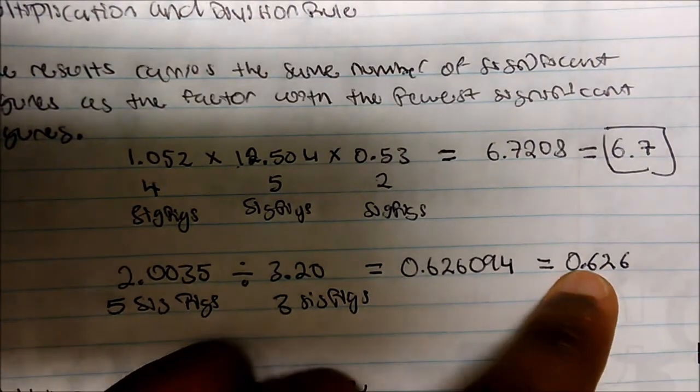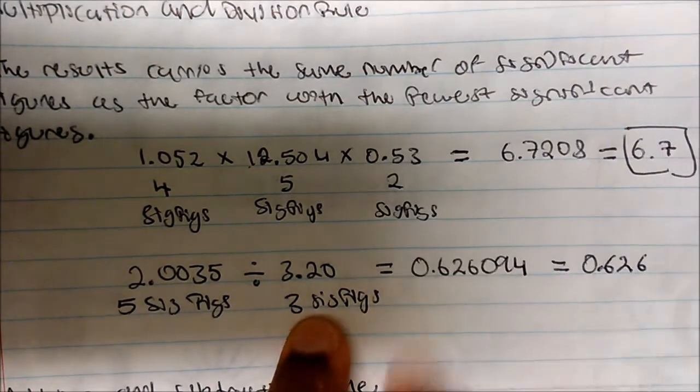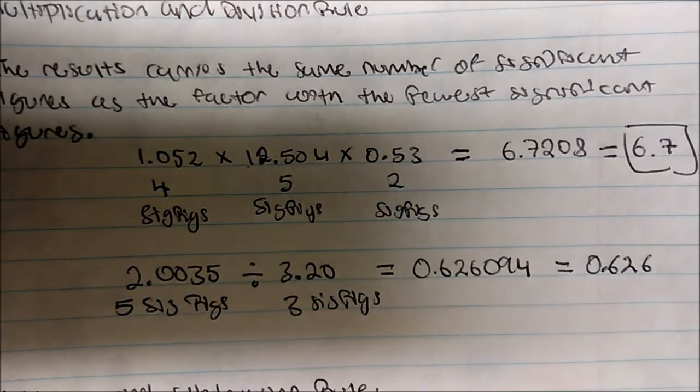You can see this is 3 sig figs. So again, in terms of multiplying and dividing, whatever figure has the lowest sig figs, that's the number of sig figs your answer should have, as simple as possible.